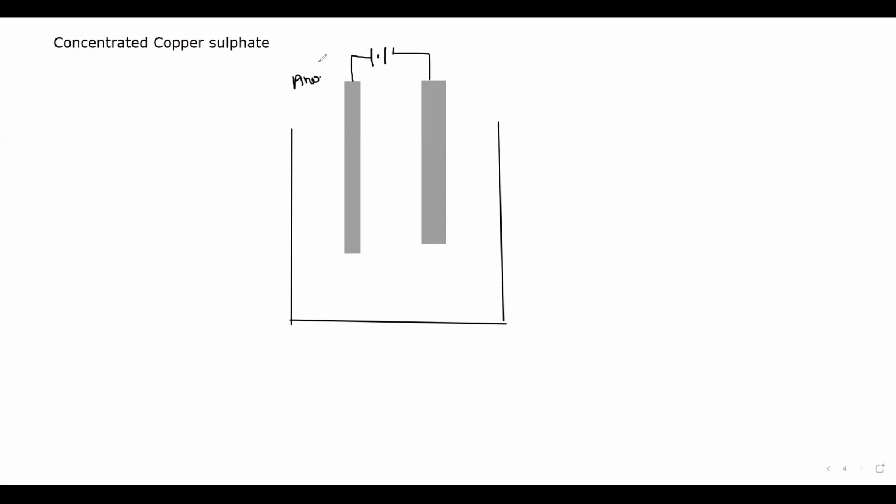The one which is connected with the positive terminal is the anode, the other one is the cathode. So we have a concentrated copper sulfate solution. When we say concentrated copper sulfate or aqueous concentrated copper sulfate, that's the same meaning. Because it's a concentrated solution, it means it will have more salt and less water.